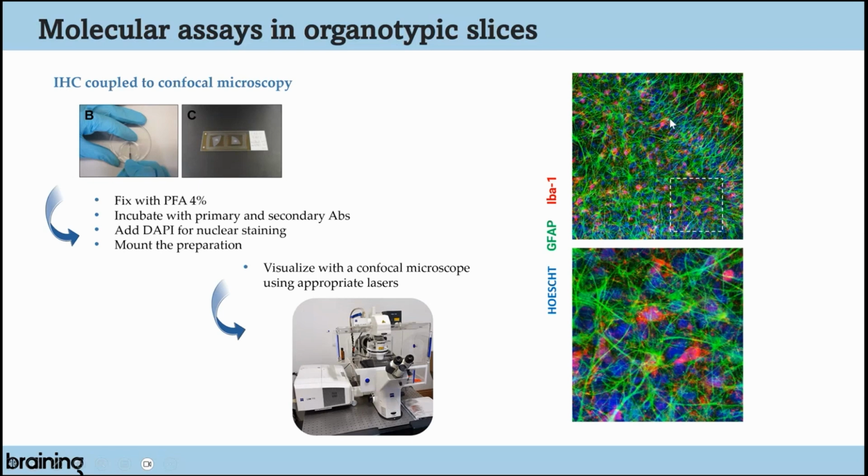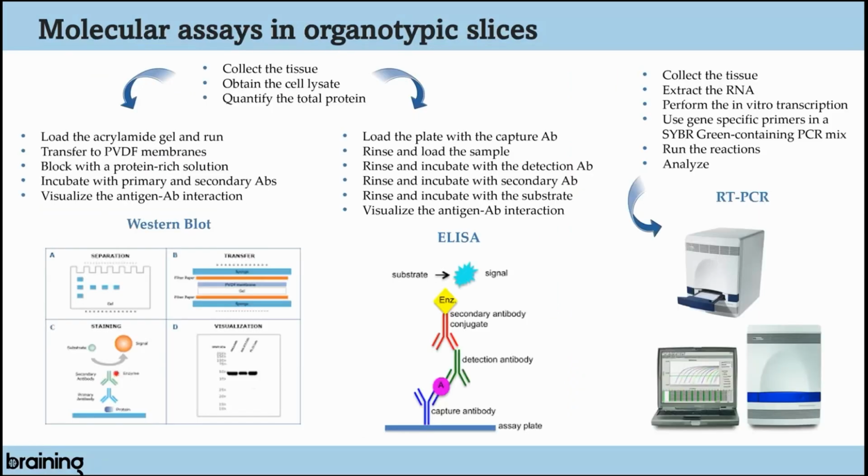You can see here the blue beneath all the red and green. So this is the dentate gyrus. And then you have the network of astrocytes, and you can also see the microglial cells. So this is just an example to show you that the images look quite nice, and that organotypic slices can definitely be used for this type of assays.